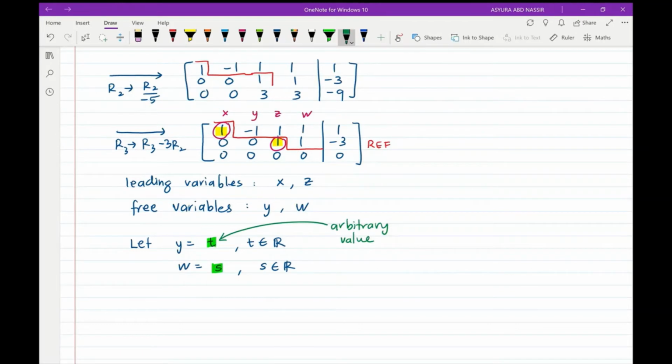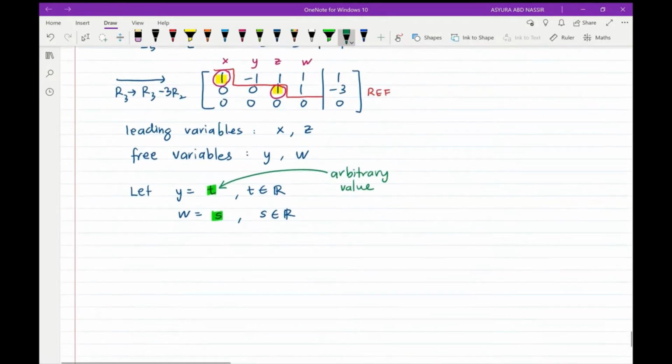With the same steps, now you use back substitution. Starting with the last row, since your last row is a 0 row, you continue with the second row. Your second row R2 is z plus w equals -3, and your leading one is z.